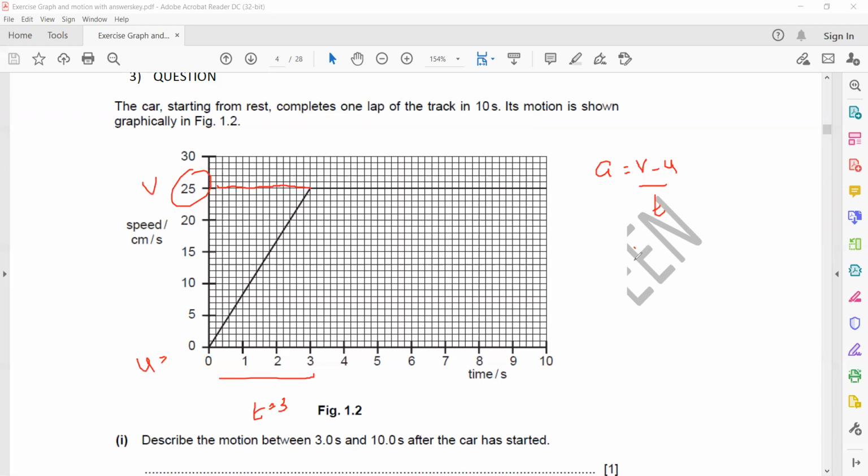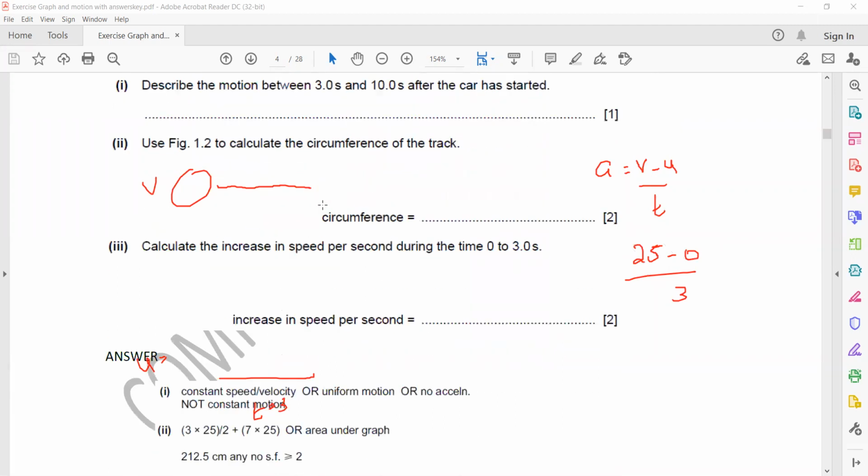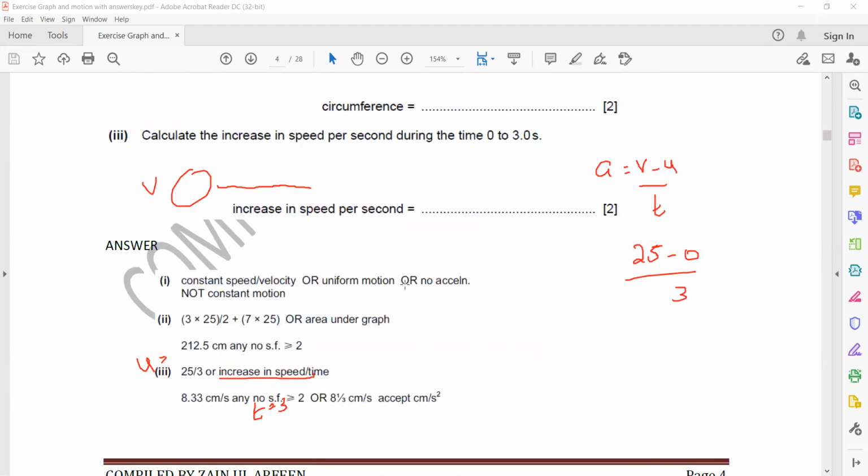So the change in the velocity, 25 minus 0, divided by 3, you will get 8.33 centimeter per second square, because the speed is given in centimeter per second, so the acceleration will be in centimeter per second square. If speed was in meter per second, then acceleration will be meter per second square. Is it clear? This is question 3.